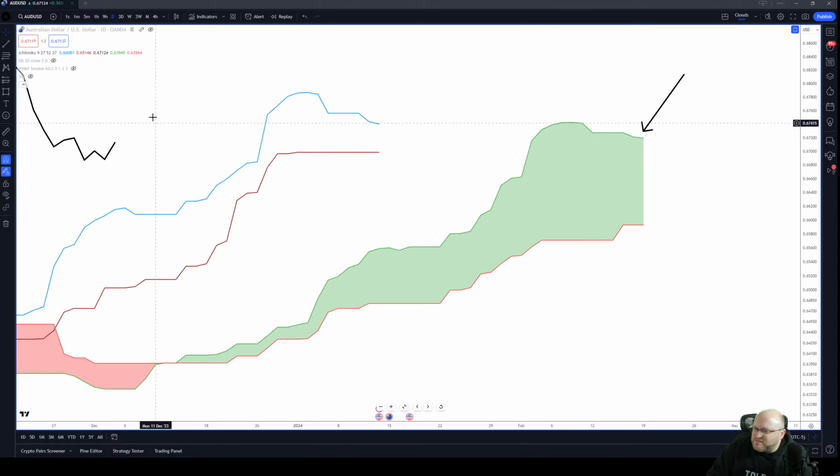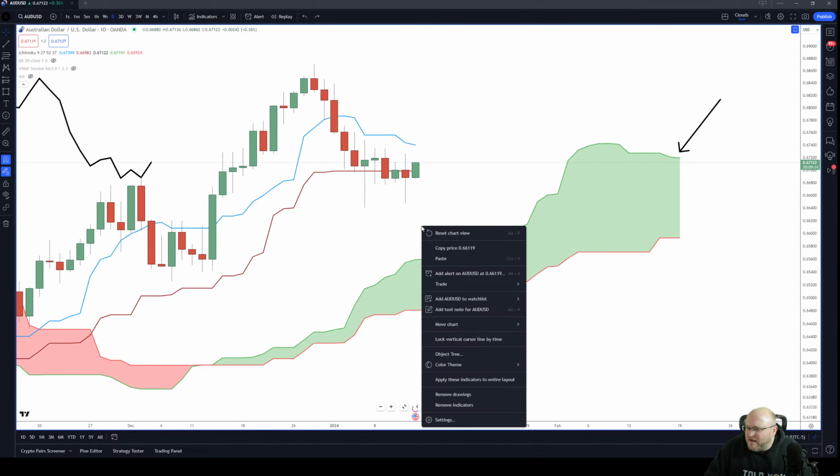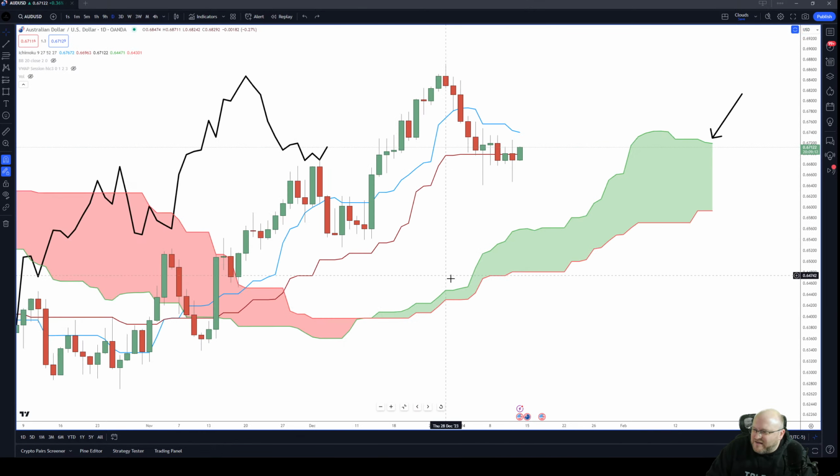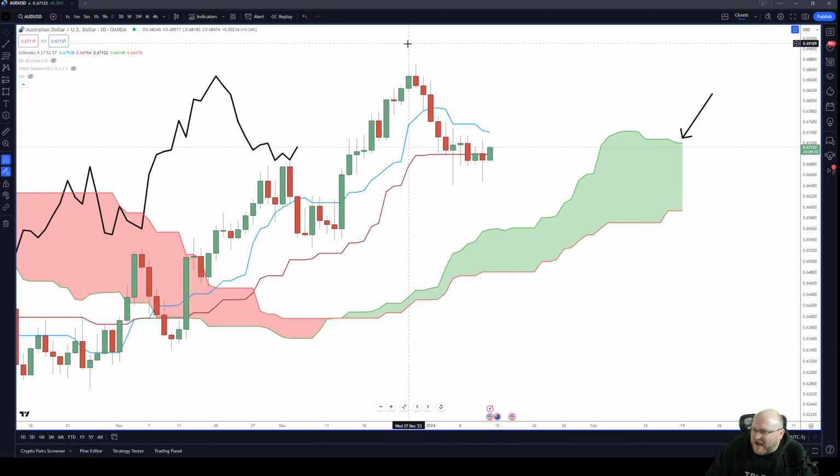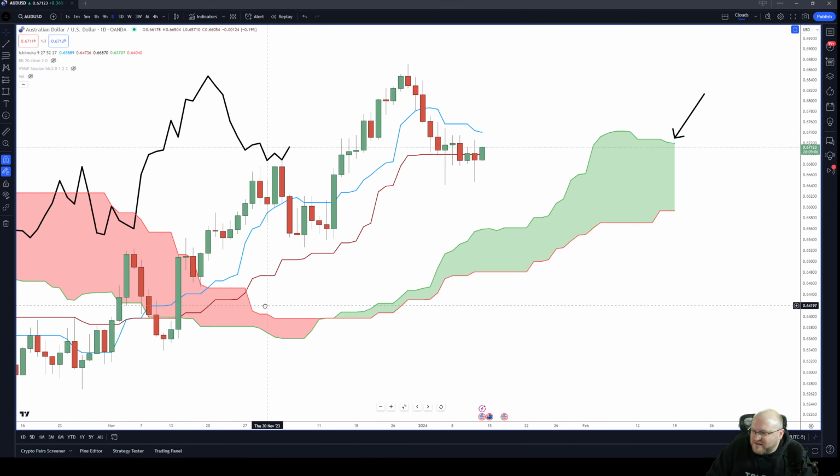All right. So it's moved 26 periods ahead of where the midpoint of these two is thrust forward 26 periods. And then the Senkou Span B, all that is, it's the midpoint of the highest high and the lowest low of the last 52 candles.